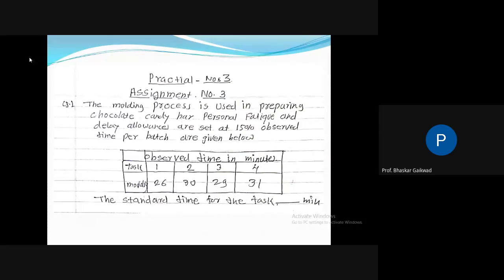So here are rows and columns. Each activity time is given. What we have to do, whatever times are given here, 26, 30, 29, 31, you have to calculate the average time for the same. So what is the average time for the same?